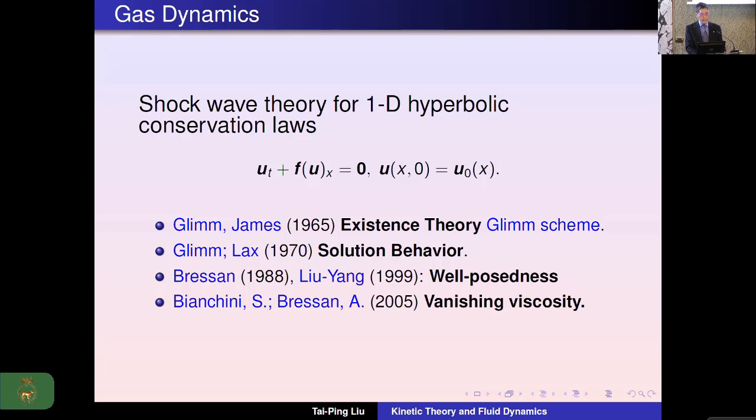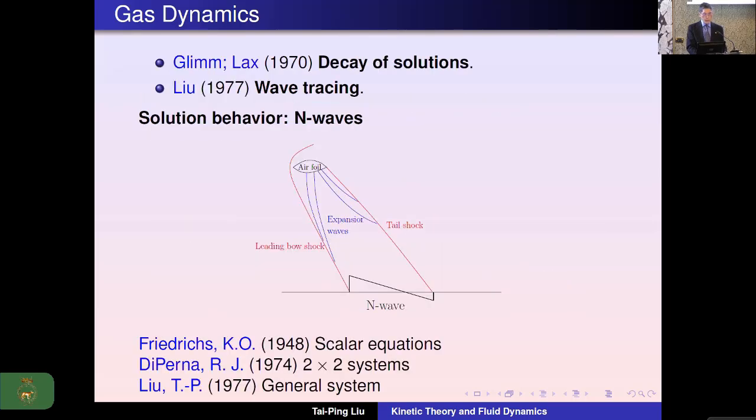That was done starting with the great paper of James Glimm, 1965, and it occupied a good part of the second half of the 20th century. And this paper by the Italians Bianchini and Bressan has a vanishing viscosity. Okay, so this is the Euler equation, the fluid dynamics part of my talk.